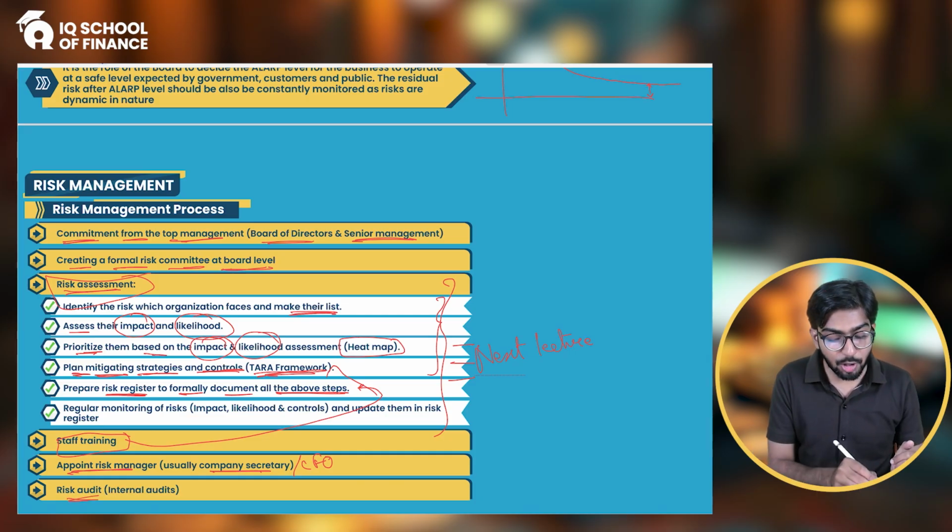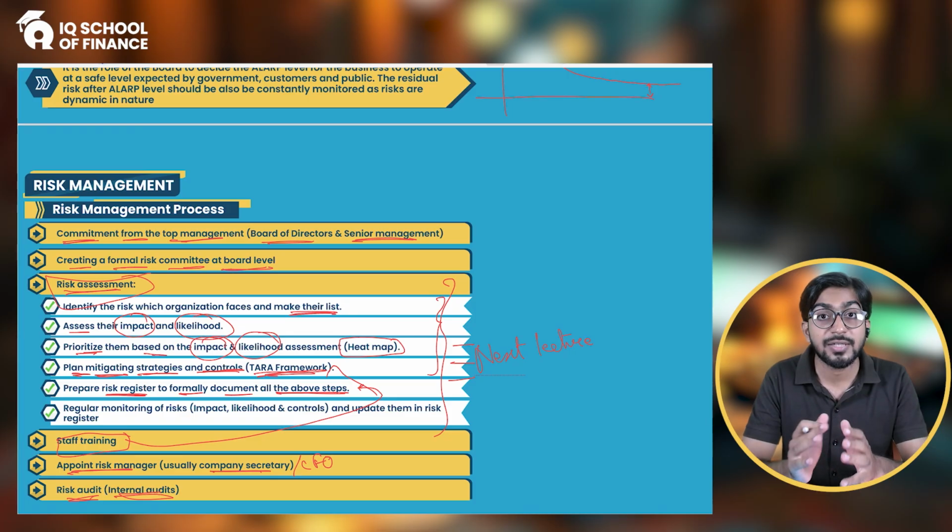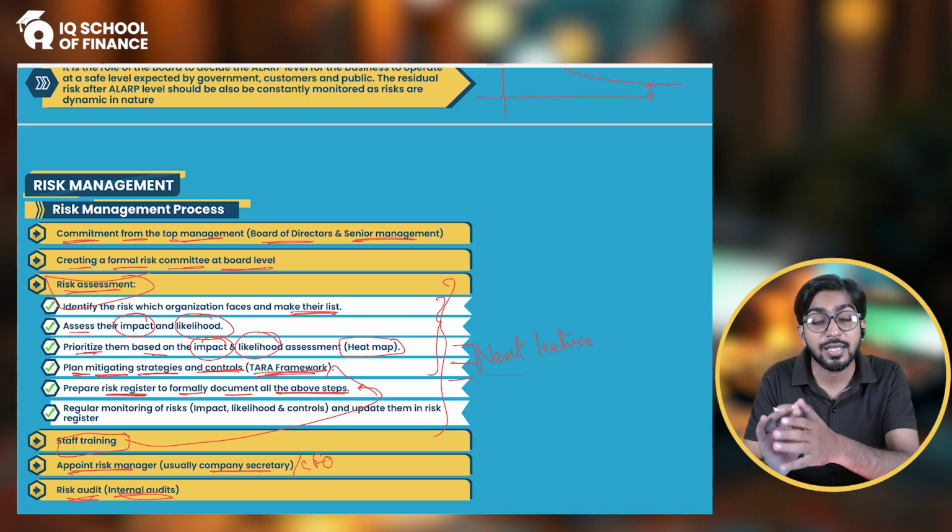And then we have the risk audit. So these are part of internal audit. Whenever the internal audit is conducted for the different areas of your business operations, business activities, and business processes, the internal auditors identify the areas from which the risk arises.